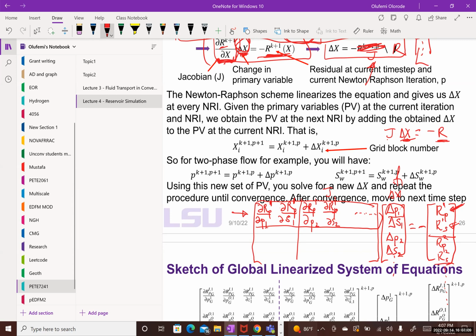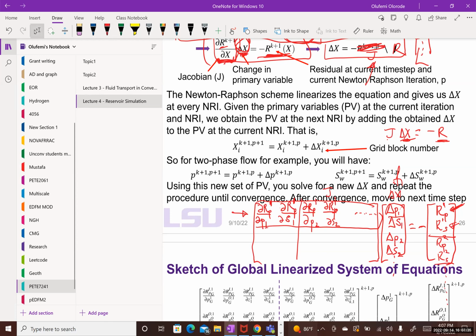Then you go to the R1P. So this is what repeats for all the grid blocks. But you will write it all out, most of them will be zeros. The ones that will be non-zeros are the ones that are neighbors of grid block 1. So they contribute to residual of grid block 1. If it's not a neighbor of grid block 1, it will not contribute to its residual.